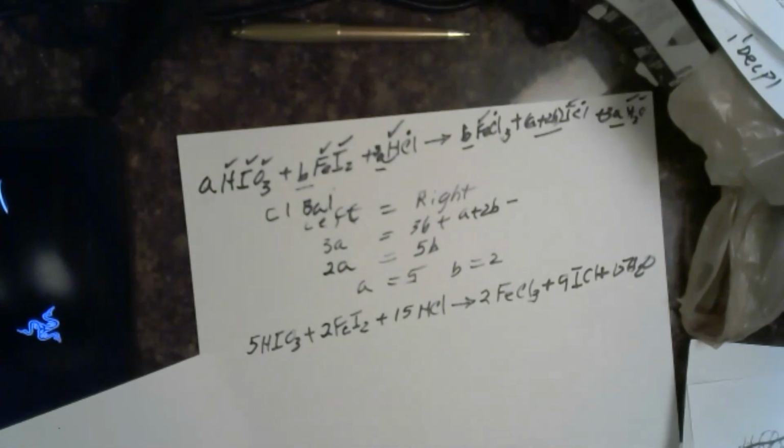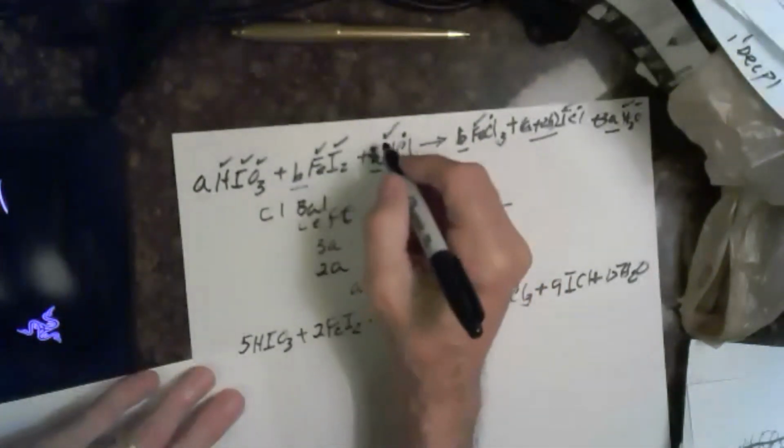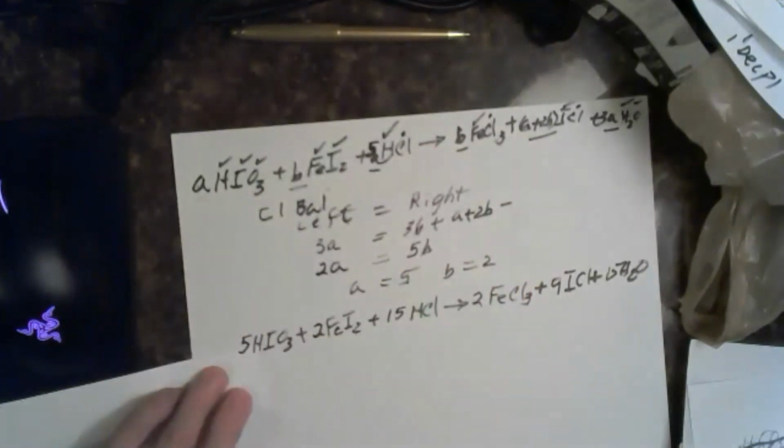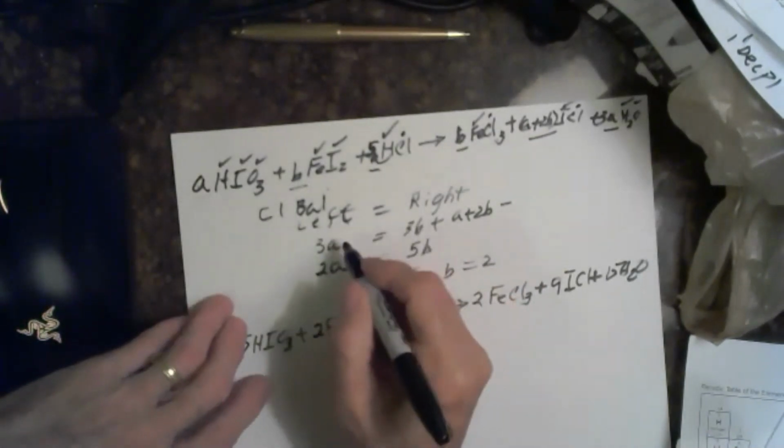For your hydrochloride on the reactant side, I think it was a 5A, not a 3A. Oh, thank you. I couldn't read my own handwriting. Where is that? Oh, you're right. It certainly was. Okay, and so that's going to change all of this.